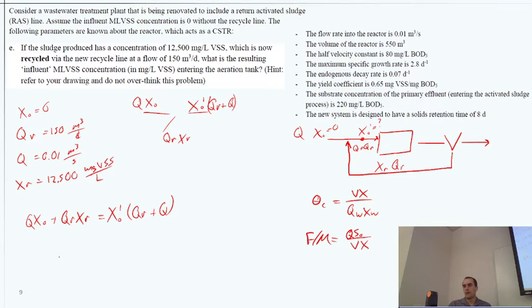Okay, so then if you solve that, you need to convert the flow rates properly. Then we should have a value of 1,850 milligrams VSS per liter.